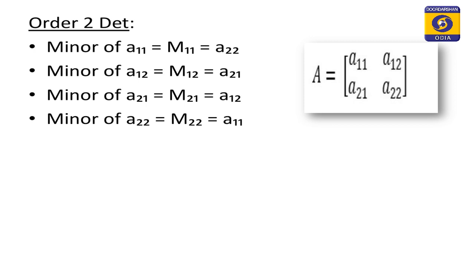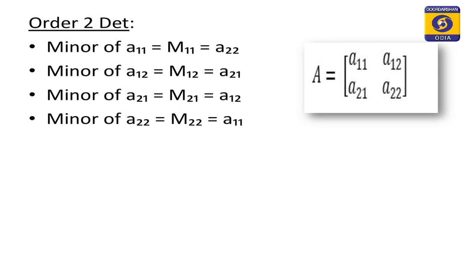A11 lies in row 1 and column 1, so we delete that row and that column, and the resultant element is the minor. So, the minor of A11 is A22. Similarly, for the minor of A12 we delete row 1 and column 2, and the resultant element, A21, is the minor of A12. This is how we find the minors of an order 2 determinant.